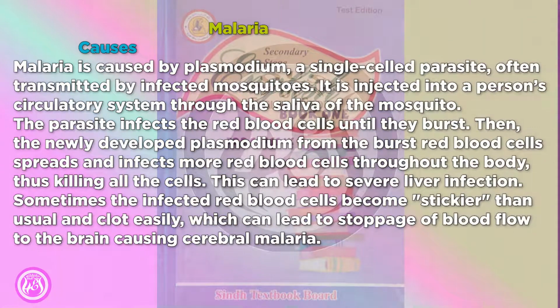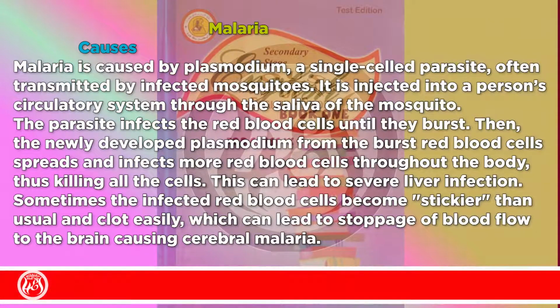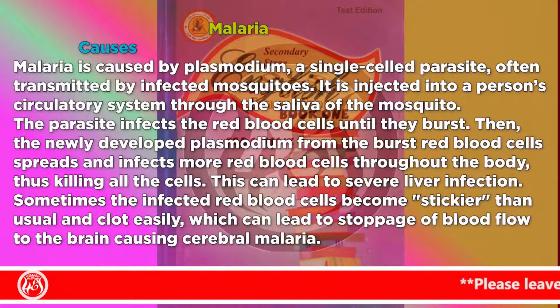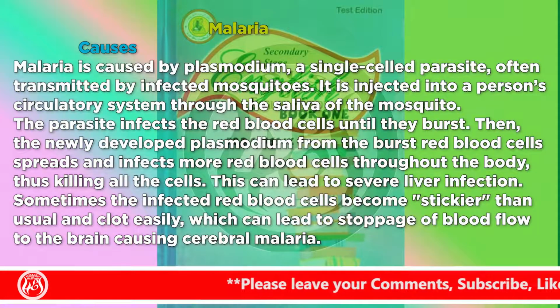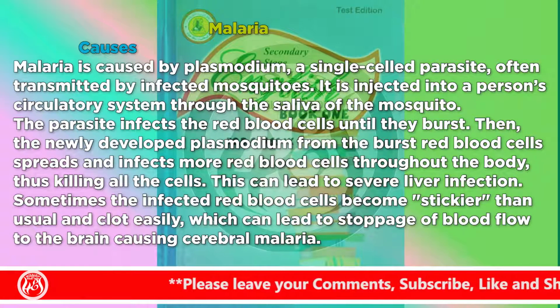Then the newly developed Plasmodium from the burst red blood cells spread and infect more red blood cells throughout the body, thus killing all the cells. This can lead to severe liver infection. Sometimes the infected red blood cells become stickier than usual and clot easily, which can lead to a stoppage of blood flow to the brain, causing cerebral malaria.